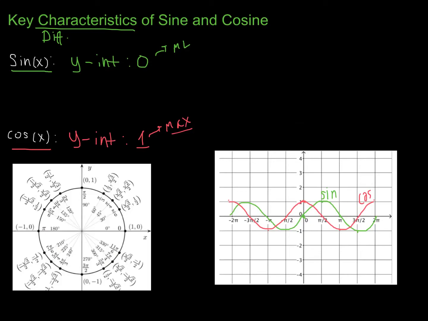So let's look at sine first. After looking at the y-coordinate at 0, as I move along my unit circle, the sine values are increasing. So after the y-intercept, then it increases.